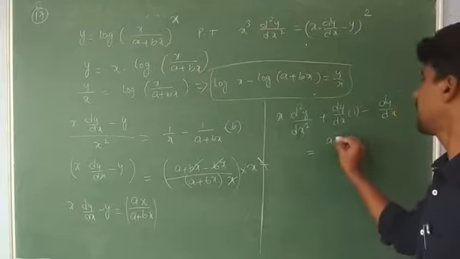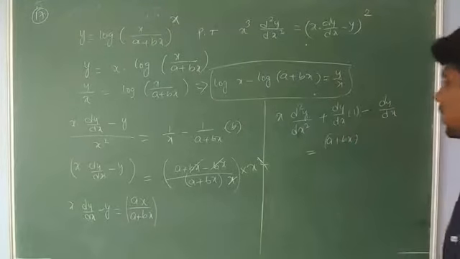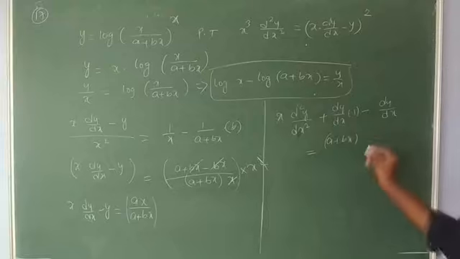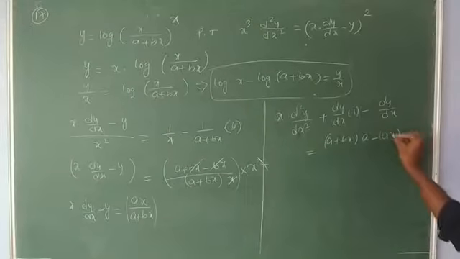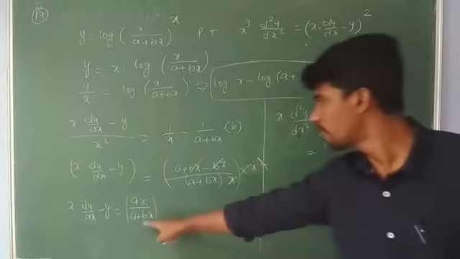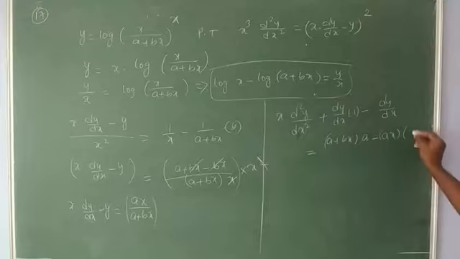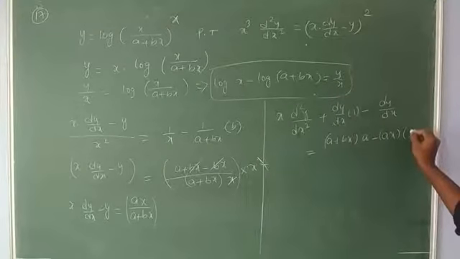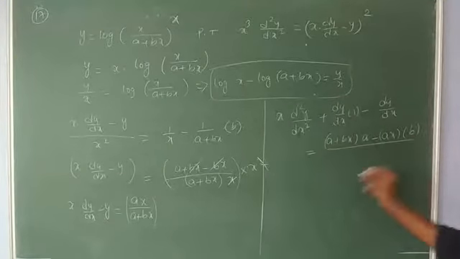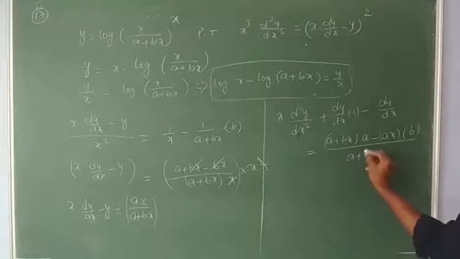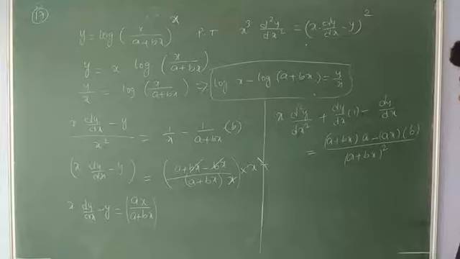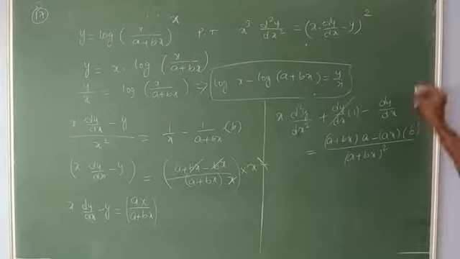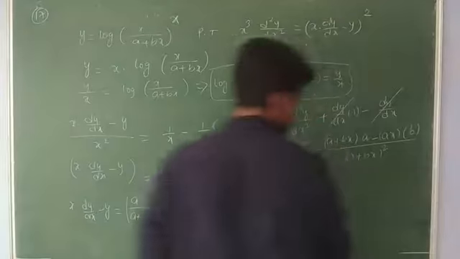V means a plus bx, into u dash, ax derivative a, minus ax into derivative of v, a plus bx derivative, a derivative 0, bx derivative b, whole divided by a plus bx whole square. Okay, now plus dy by dx minus dy by dx gets cancelled.